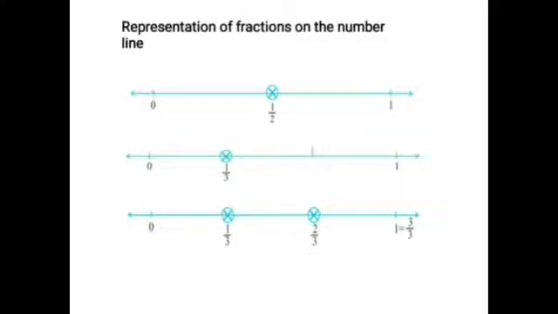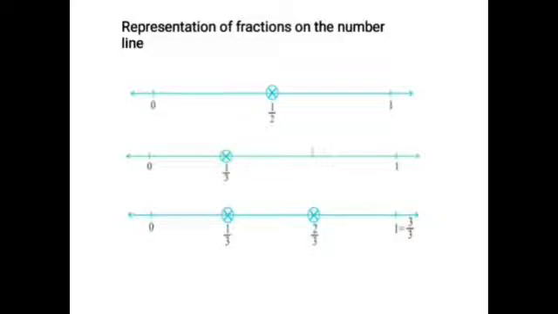Since we have to show 1 by 2, we divide the gap between 0 and 1 into two equal parts and show one part as 1 by 2. This means one part out of two parts. Suppose we want to show 1 by 3 on a number line.